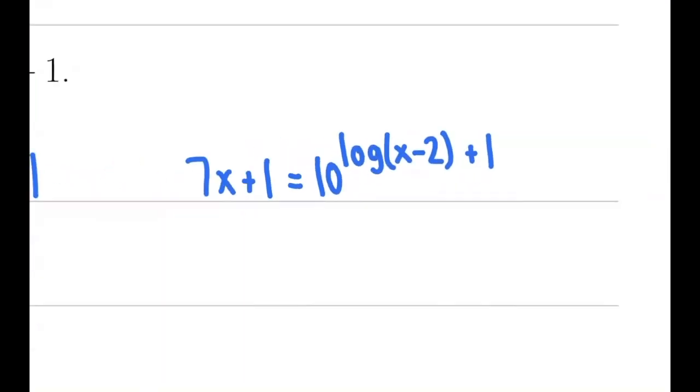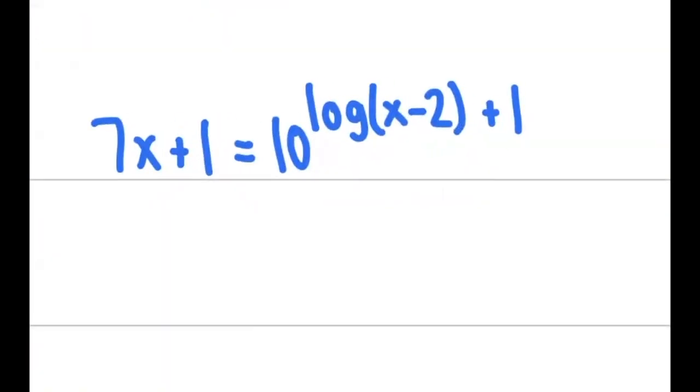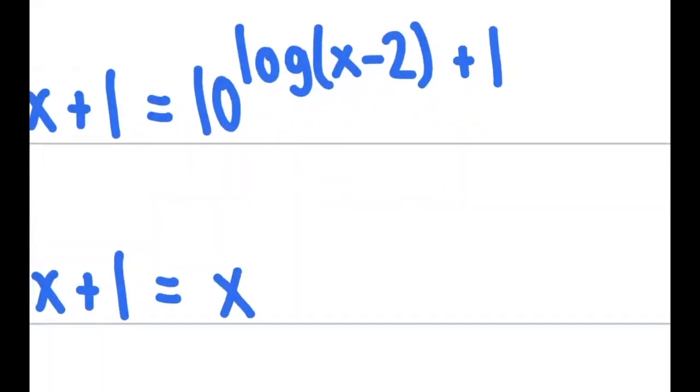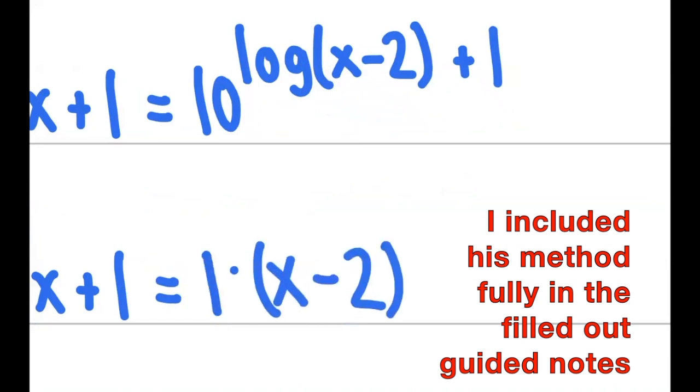Then you want to split that up, and you can bring that 10 down with basic exponent properties. I think this saved some division that looked ugly. But yeah, this is just my preference to solve it.